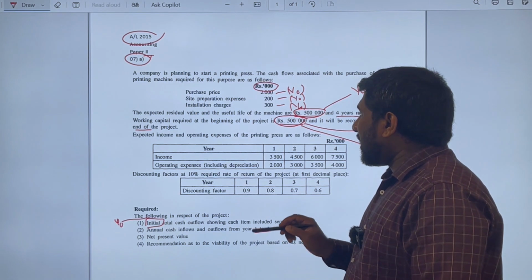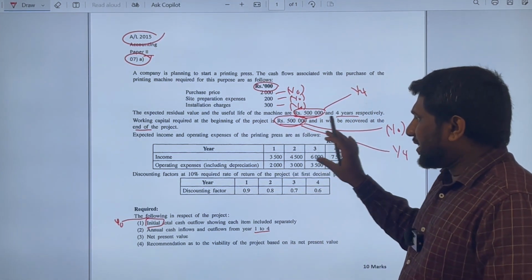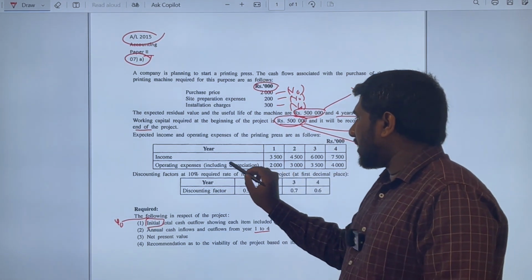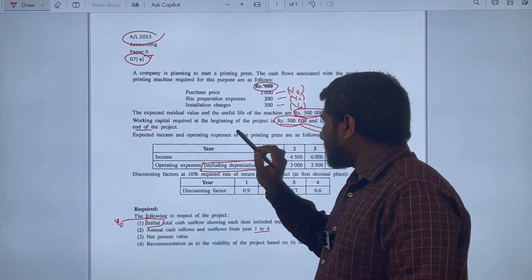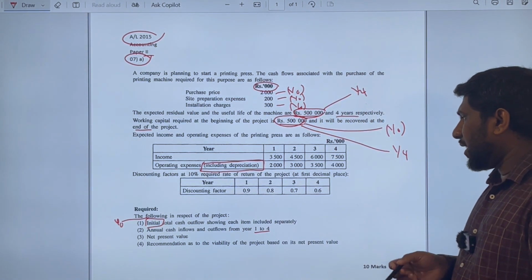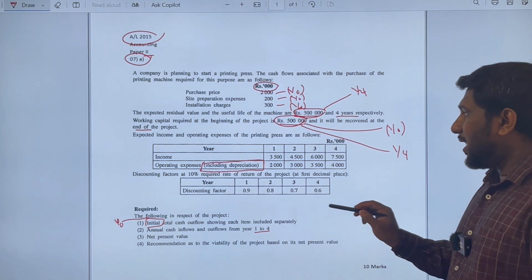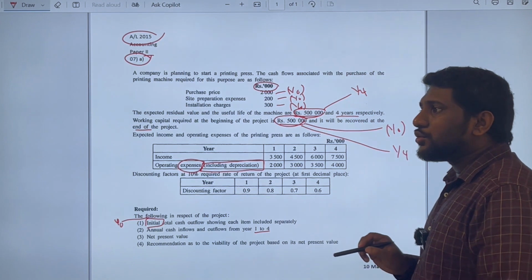Expected income and operating expenses of the printing press are as follows. So they have given the income and expenses. This is something very important: these amounts include depreciation. 2000, 3000, 3500, 4000. Inside these expenses, depreciation is included.